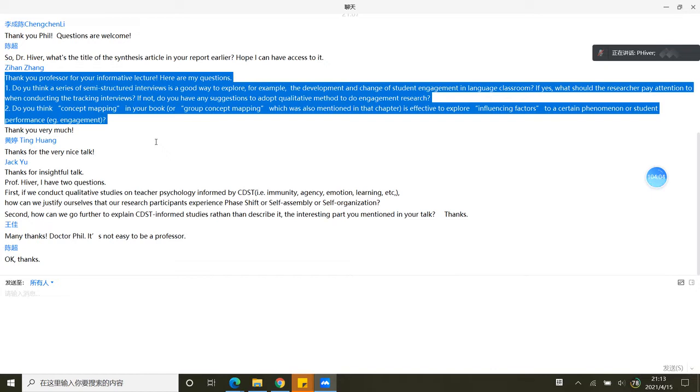How can we go further to explain these studies rather than describe? So to me, what the field has done really well so far has been to describe things at a metaphoric level. What we need more of is intervention, experimental studies that help us understand how these complex things unfold.